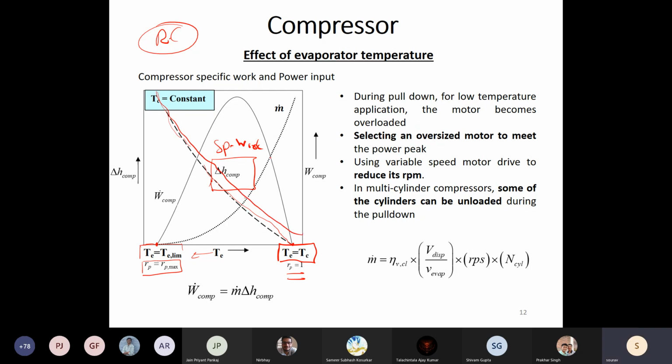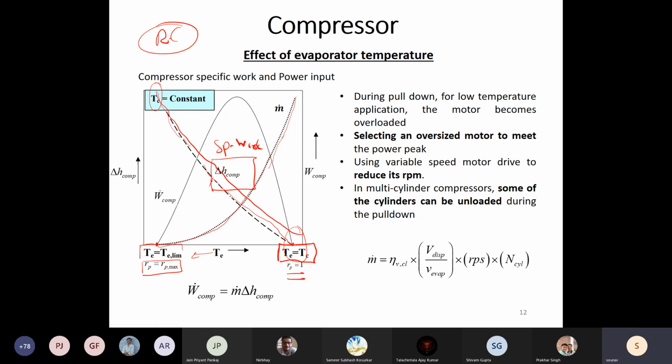So very high power consumption at RP max, very low power consumption here. But if I look at the mass flow rate curve, it delivers very high mass flow rate at RP equals 1. Volumetric efficiencies are good, your densities are good. So it delivers very high mass flow rate and it delivers zero mass flow rate here.